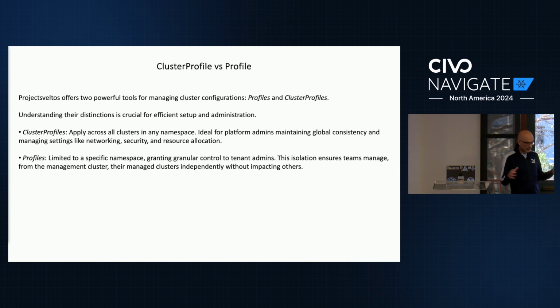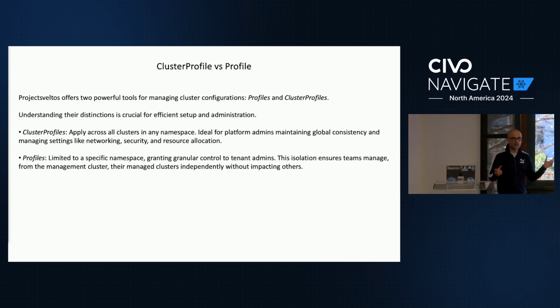Cluster profile is a cluster-wide resource. So if you create a cluster profile with a cluster selector, Sveltos will look for any cluster in any namespace, and if it finds a cluster that matches the cluster selector, it will deploy the add-ons. But sometimes it's also useful to say you don't want Sveltos to match any cluster, but only clusters in a certain namespace.